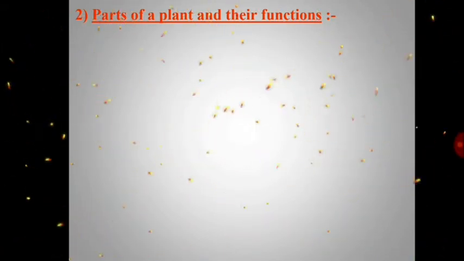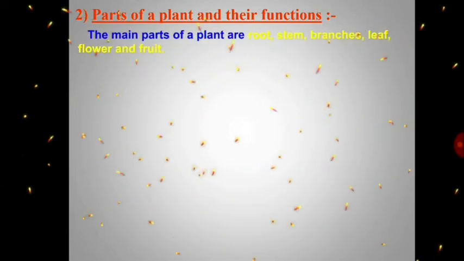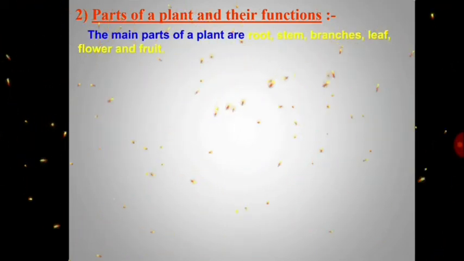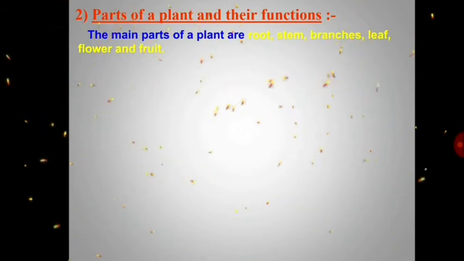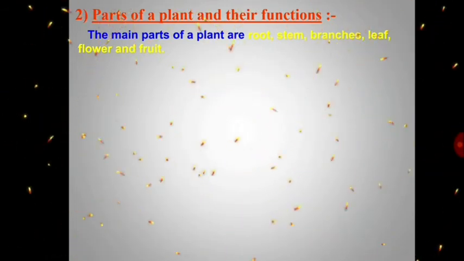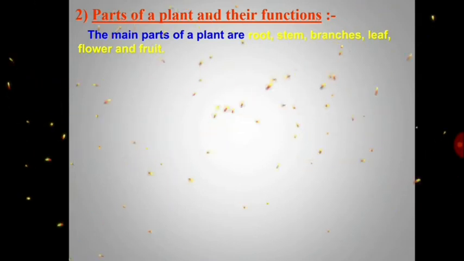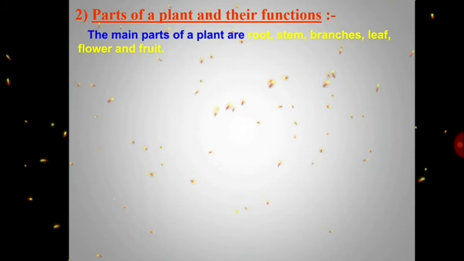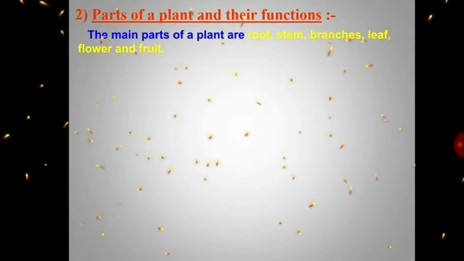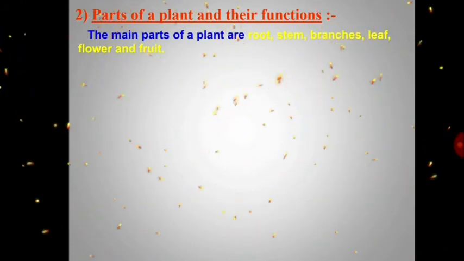There are main parts of the plants like root, stems, branches, leaf, flower, and fruit. Out of these important parts of plant, we learned roots and stem yesterday.